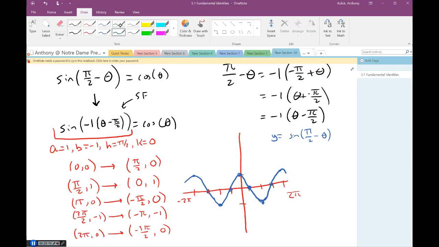And if I graph cosine on the same axis, if I go to the key points of cosine, they are 0, negative 1, pi over 2, 0, pi, negative 1, 3 pi over 2, 0, and 2 pi, 1. And what do you notice here about the graph of cosine?